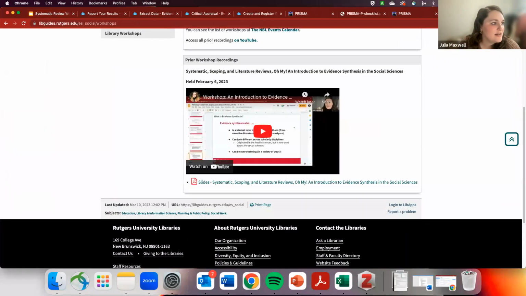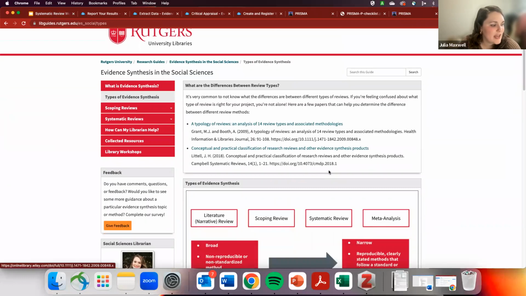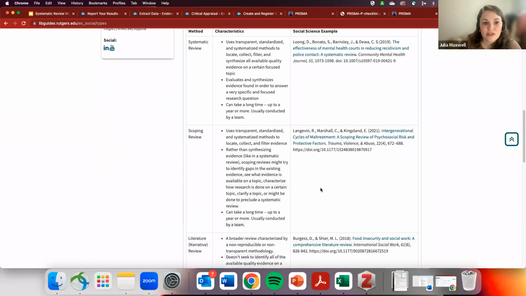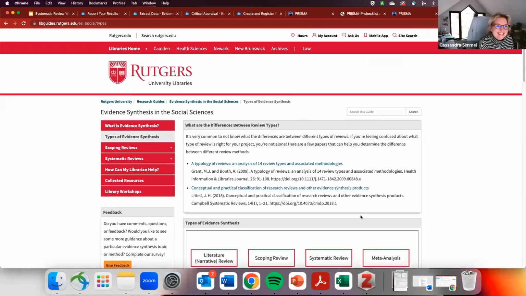Yeah. So in the guide, under this types of evidence synthesis page, I've got an example in the social sciences for each review type. I tried to make it really thorough, because I was like, I need this.